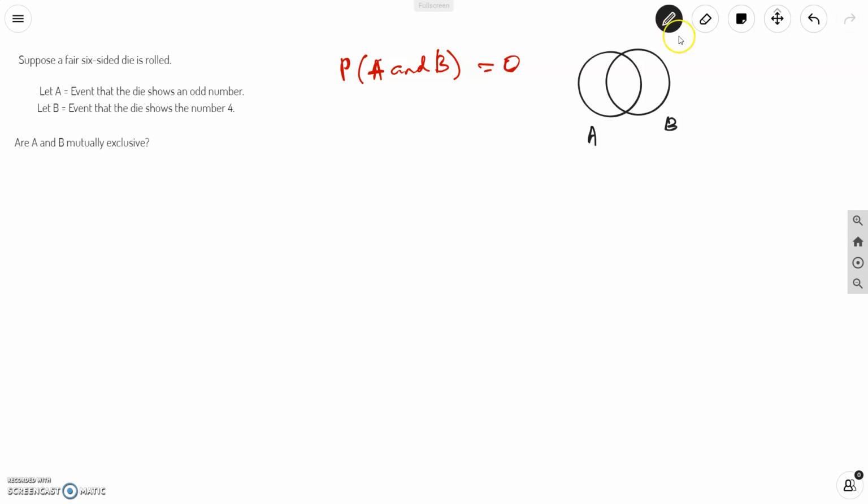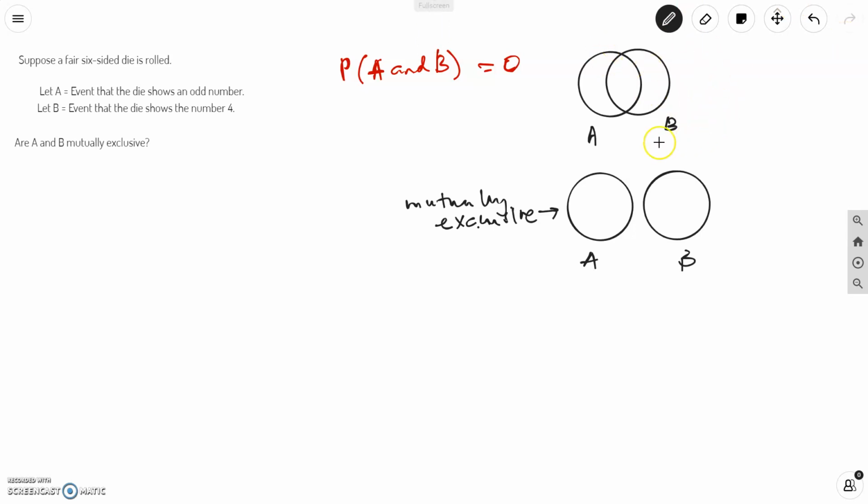So instead, what happens is my two events are like this. They're not occurring at the same time. So they have no intersection. So these are considered mutually exclusive events. This is how it would look visually.